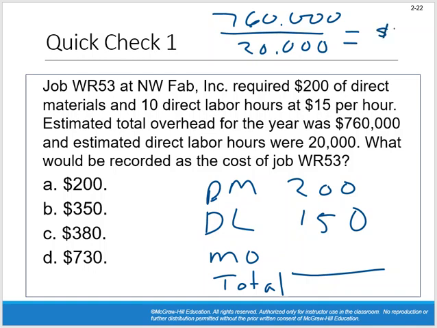Hopefully $38 per direct labor hour. There were 10 of them, so we're going to add in MOH of $380. And what does that all add up to? Hopefully you got answer D, $730 should be our job cost.